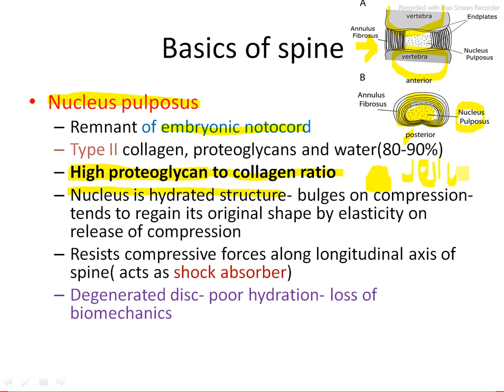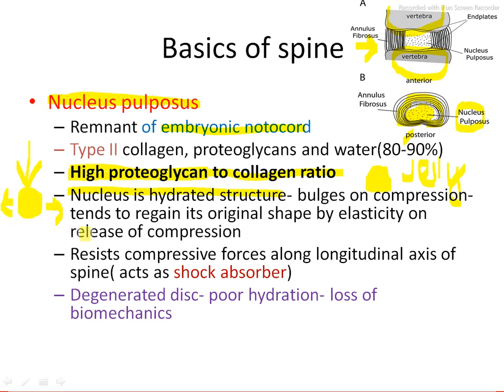And because of this jelly-like elastic property, when there is axial force working on the nucleus pulposus, it goes through a certain morphological transformation and distributes the axial force in the horizontal direction.